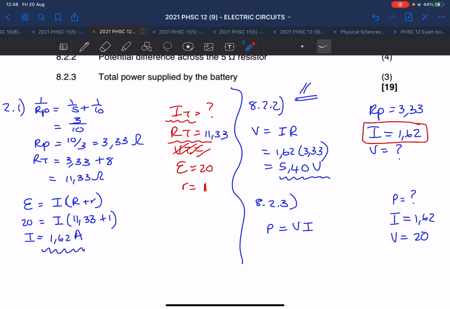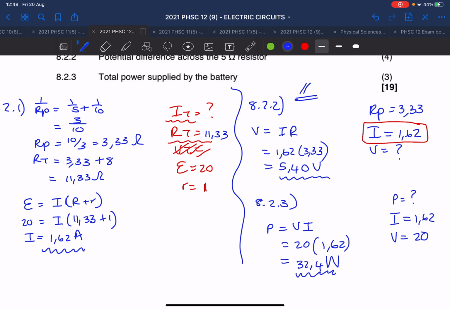Yeah. All right. So we have 20 times 1.62, and you should get 32.4 watts. Okay.